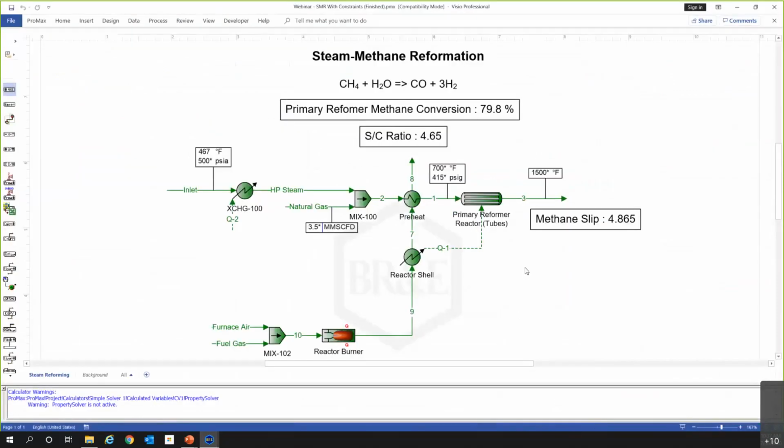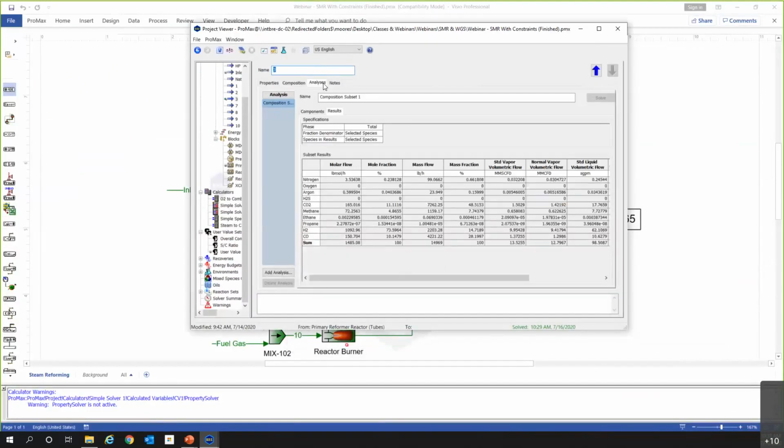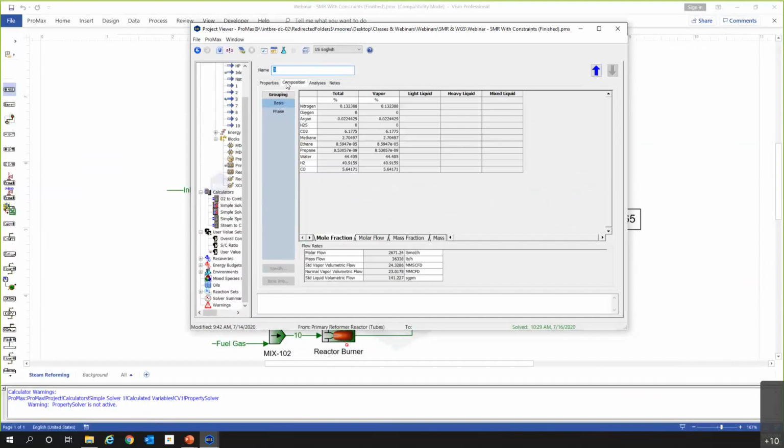Oh, okay, so Simon asked about the methane slip. The methane slip is just the unreacted methane in that stream. So we simply go into the reactor effluent, we could go to our composition, but again, the analysis that was used from refinery A, everything was done on a dry basis. So there was no water in the analysis that we have from them in the case study.